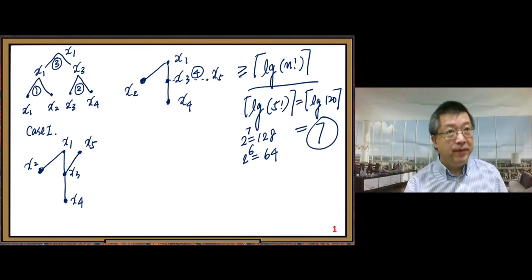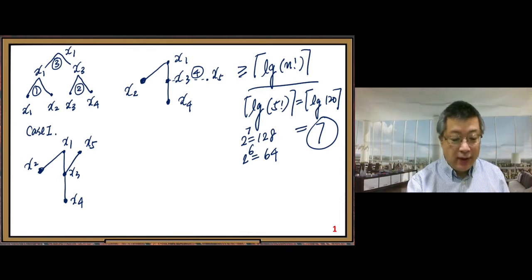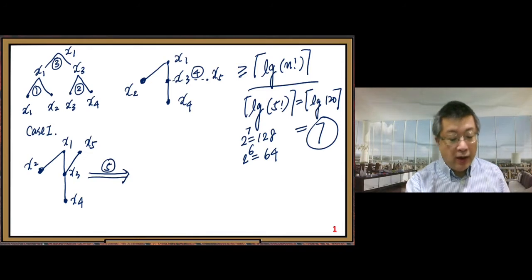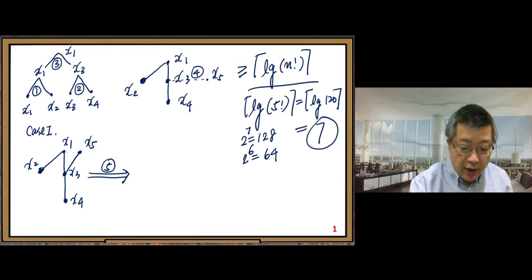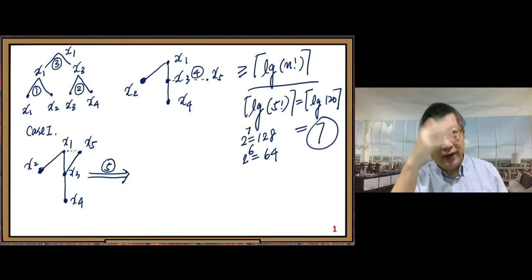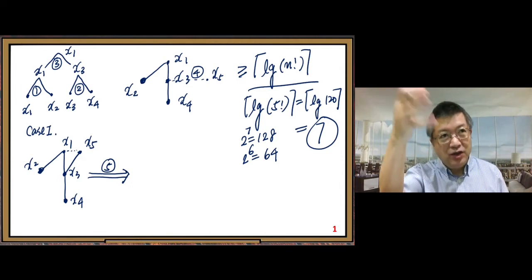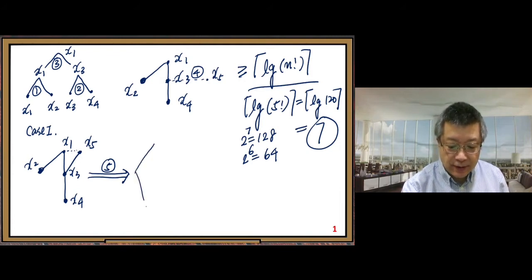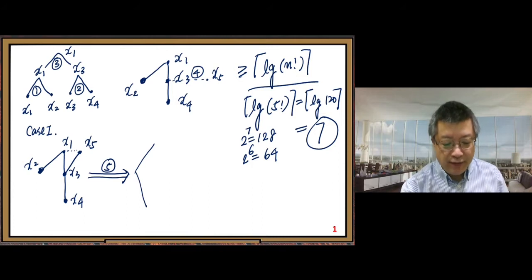Then the next comparison, comparison number 5. We compare X1 and X5. Which one is larger, which one is smaller? Also two cases. The first one: say X5 is larger.